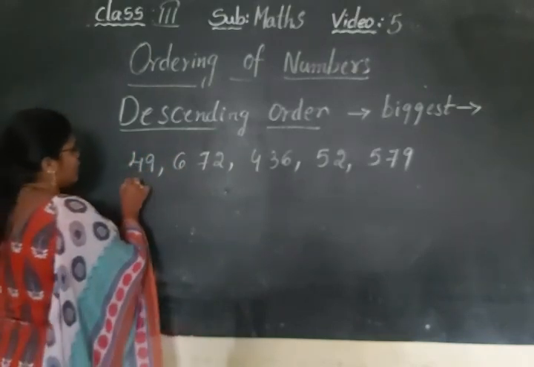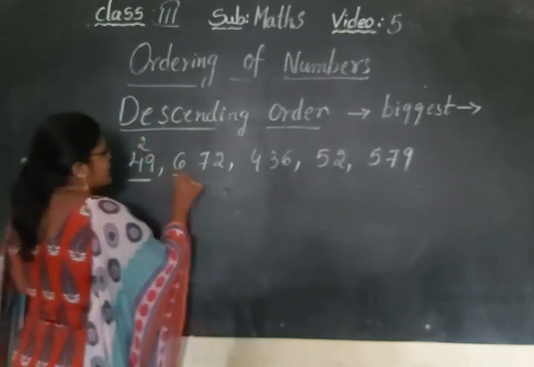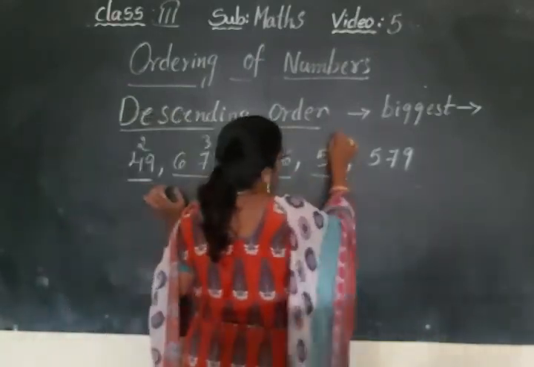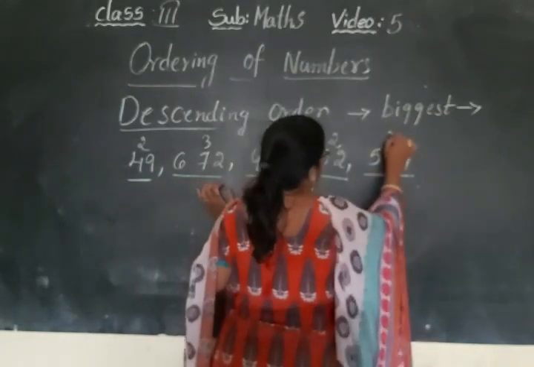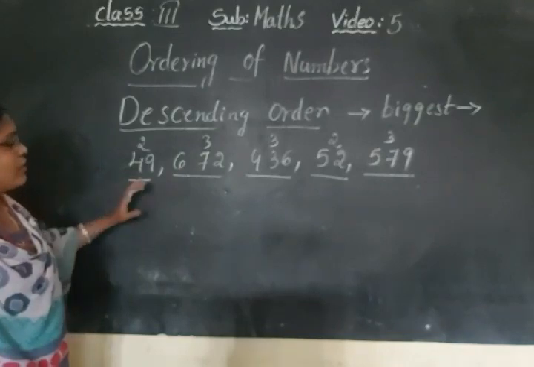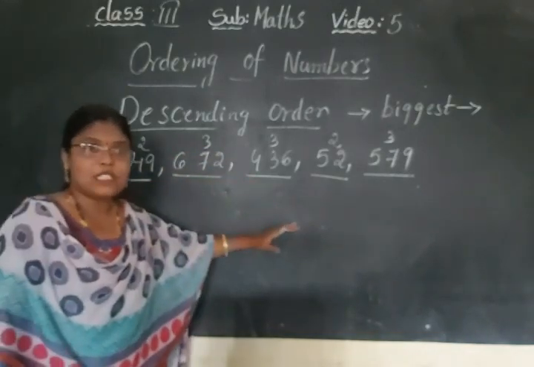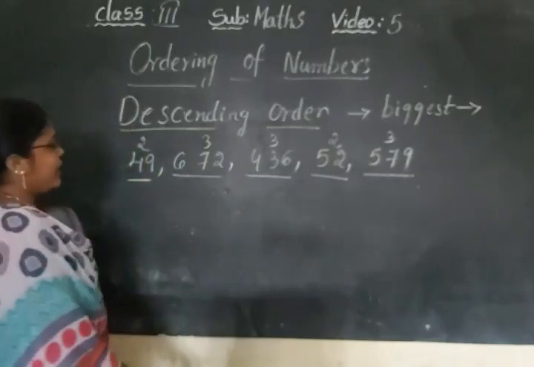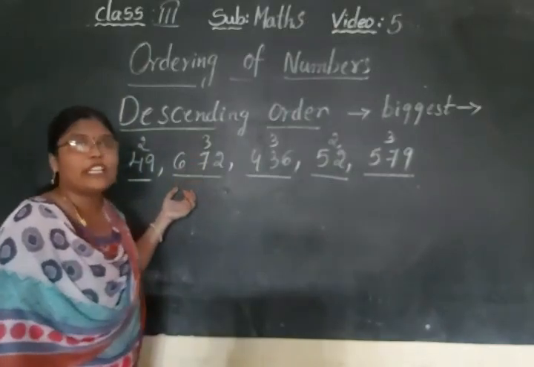Come on, let's do it together. We have 2 digits here, 3 here, 3 again, 2 and 3. So how many 3 digit numbers do we have? Anyway, 3 digit numbers are bigger. We have 3 numbers with 3 digits, so you have to move to the next step.